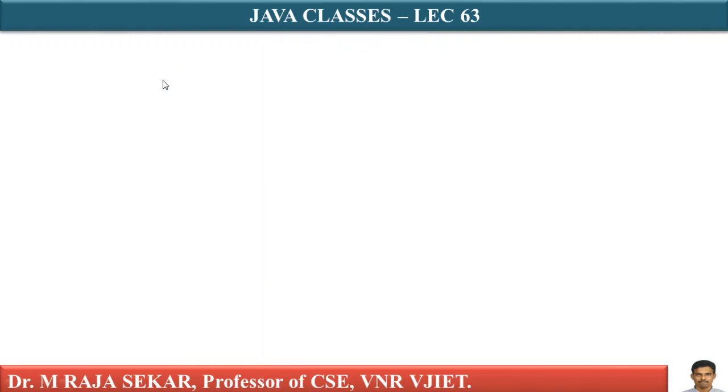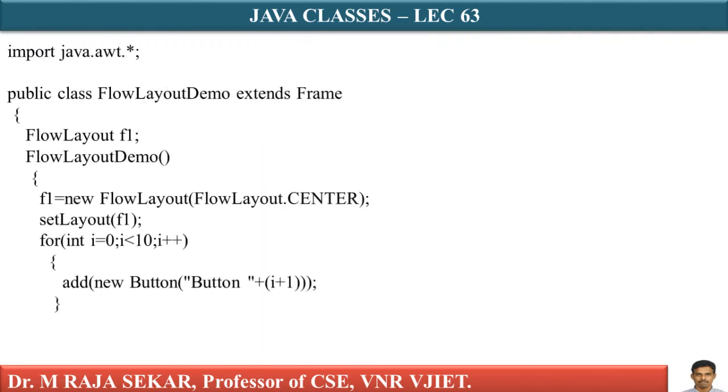Let me explain one simple program in which 10 buttons are placed in the frame using Flow Layout Manager. Intention of this particular program is placing 10 buttons in the frame.